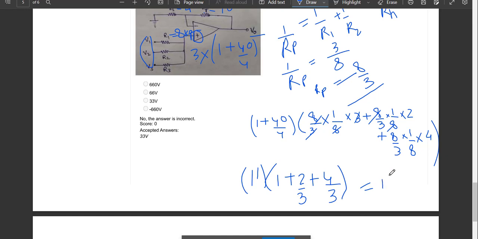It will be 9/3 and 3. So 33 volts. Got it?